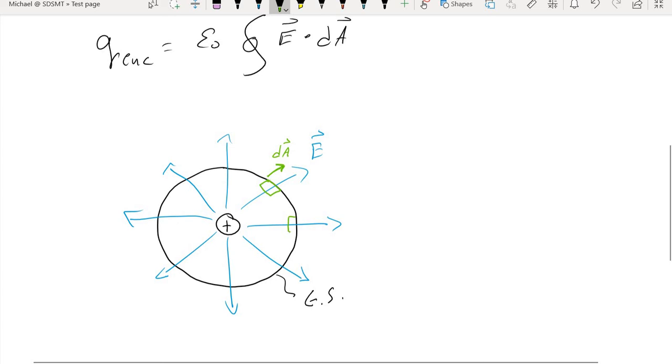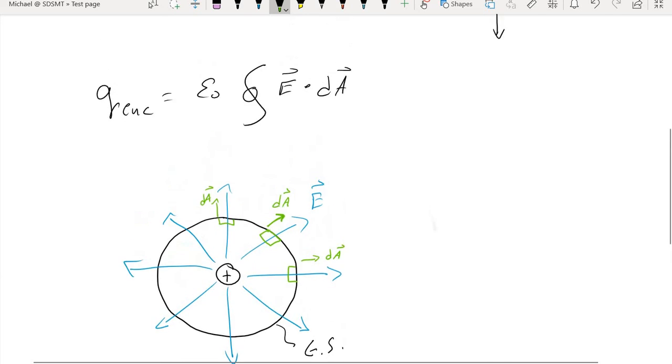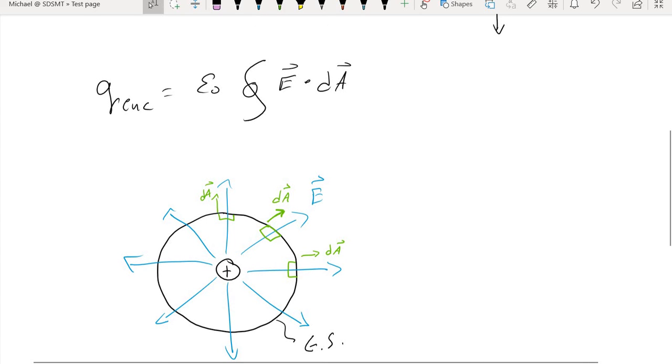But every other electric field is also passing through its own infinitesimal surface area. And so we're going to go all the way around this sphere, adding up the contributions of electric field and surface area. But here's the really cool thing.